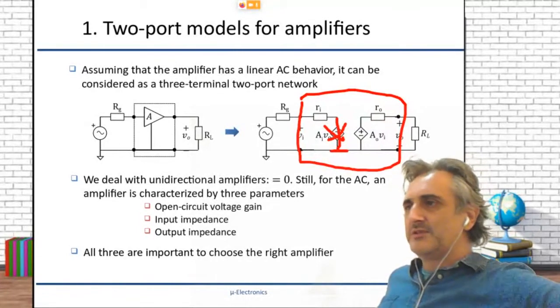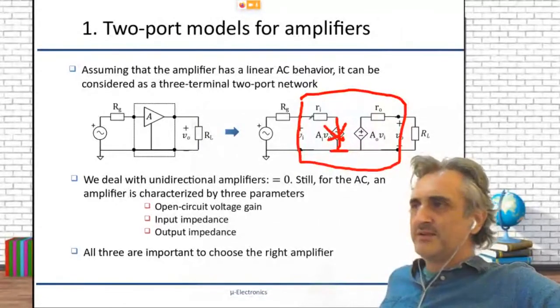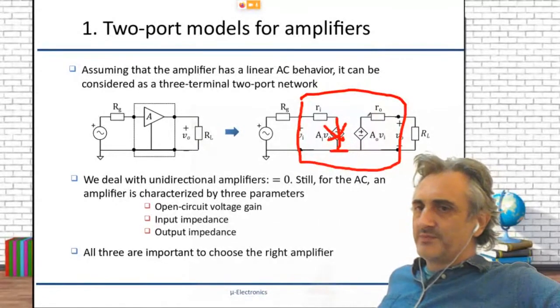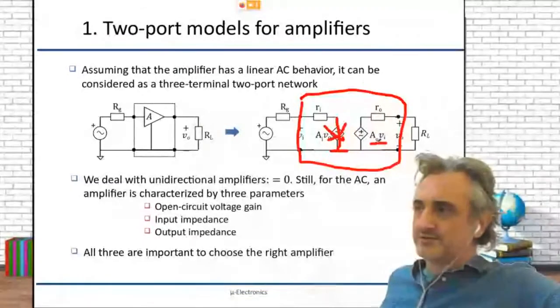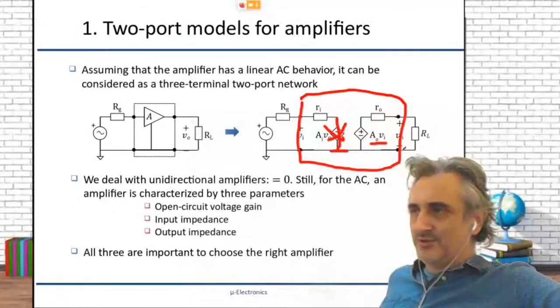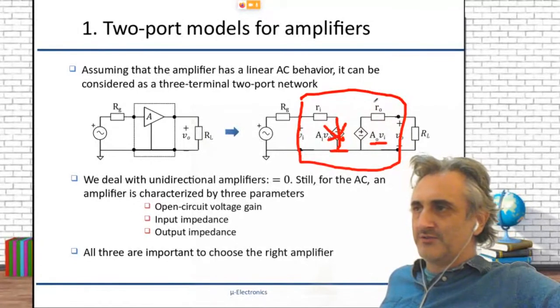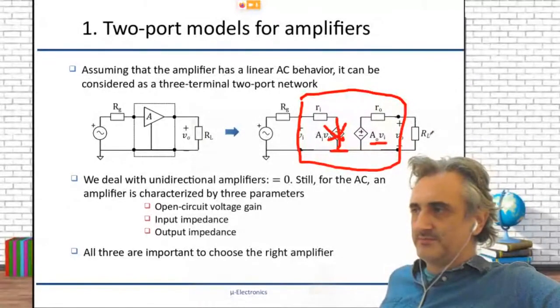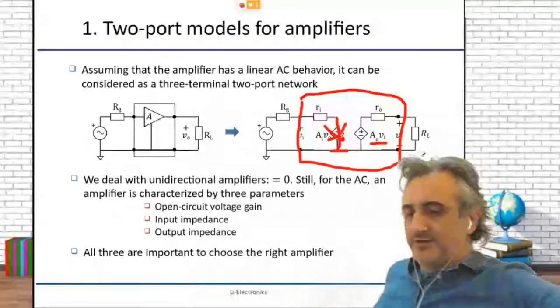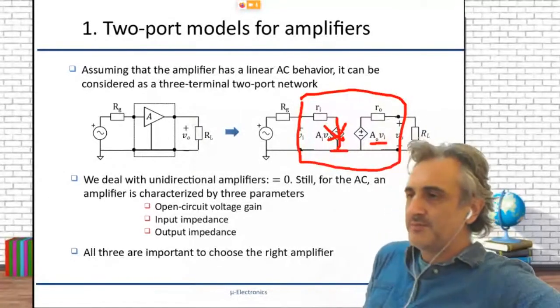We need to determine 3 different parameters: the input resistance, the output resistance, and the gain at the output, which is also called the open circuit voltage gain, because it's the gain in voltage when there is no current through this resistance, so that means an open circuit. Then we also have this input impedance and this output impedance. For different reasons, all of them are important.